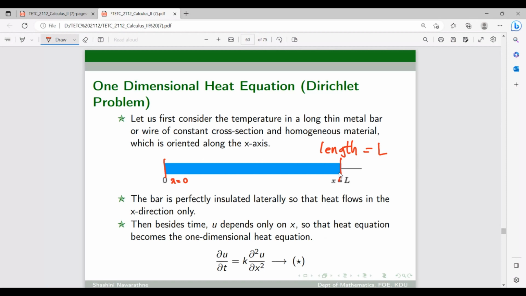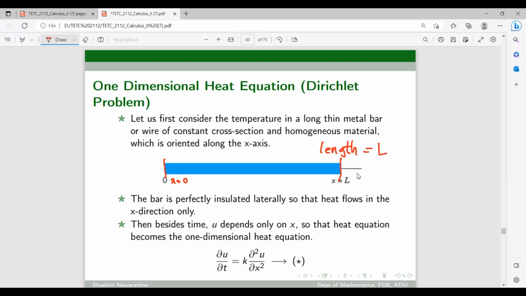This is one boundary and this is the other boundary. So we identify these 2 points as the boundary points of the metal bar.